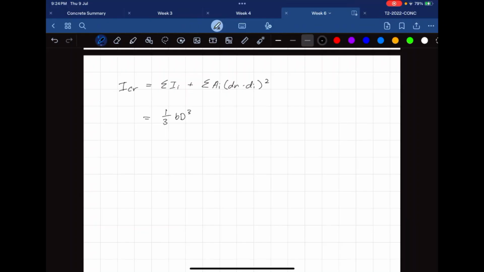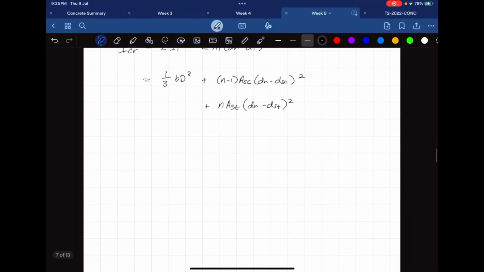Oh my god, my mic just fell off. Then plus, now the only thing you have to consider for the shift is the steel. So you take n minus 1 ASC times dn minus dsc all squared plus NAST times dn minus dst all squared.